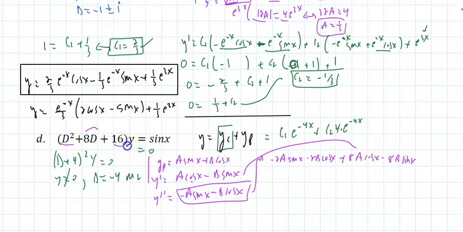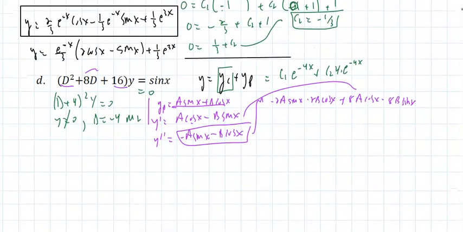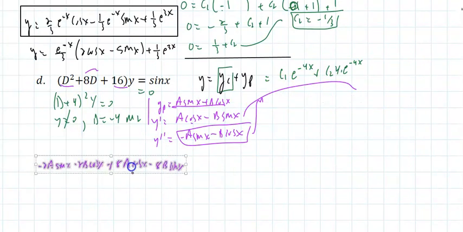Plus 16 times the original, plus 16 times a the sine of x plus 16 times b the cosine of x, and that should equal the sine of x.